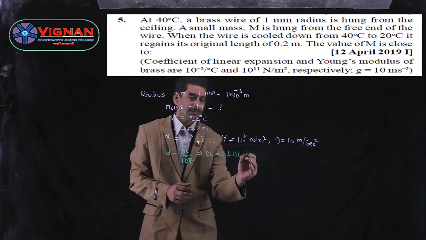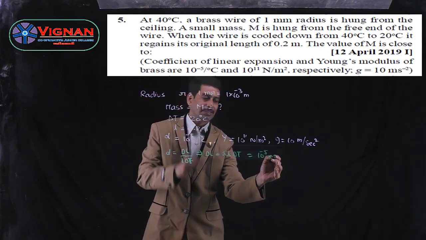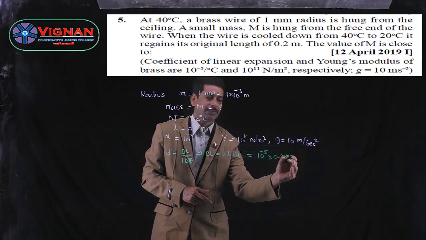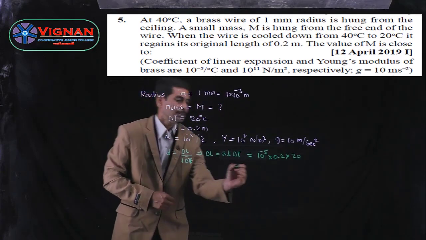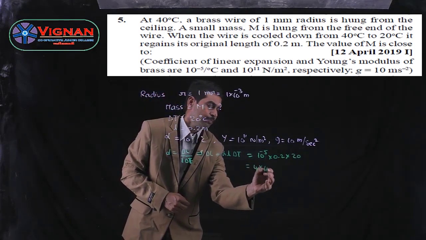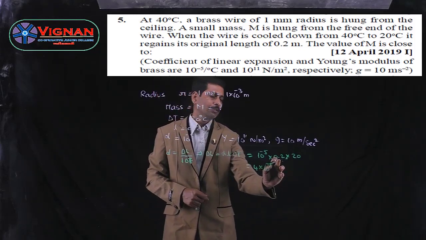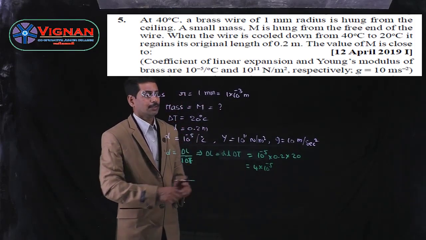Alpha is given as 10 power minus 5, the length of the wire is 0.2, and the change in temperature is 20 degrees centigrade. So this is nothing but 4 into 10 power minus 5, because 0.2 is 2 by 10, so the 10 gets cancelled. You get the change in length as 4 into 10 power minus 5.